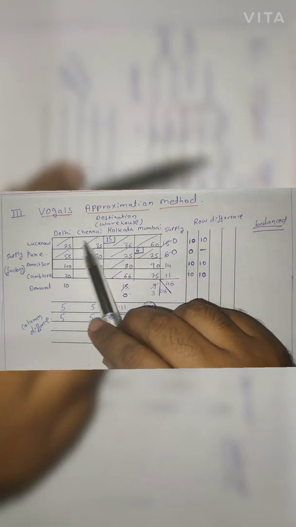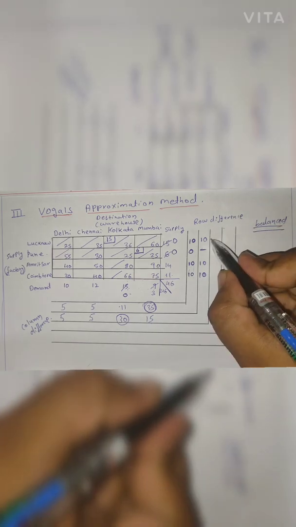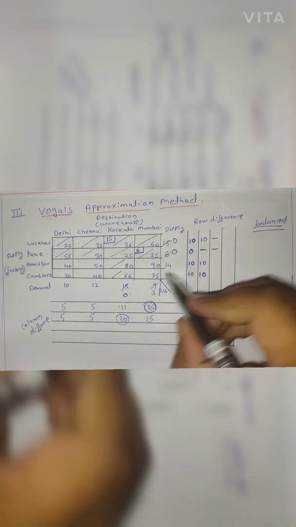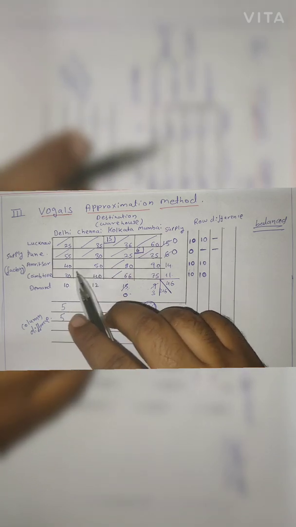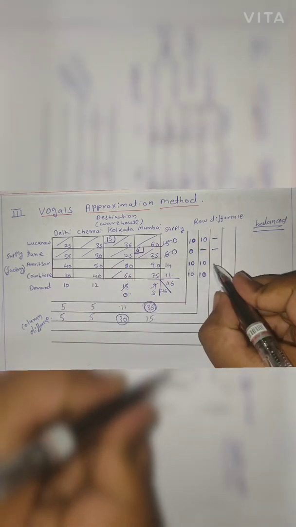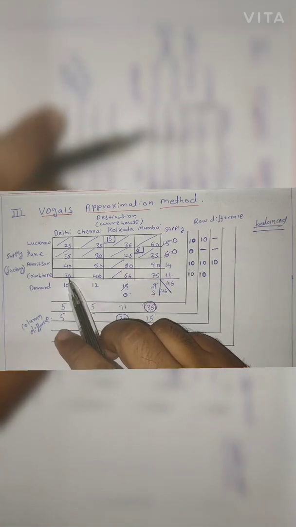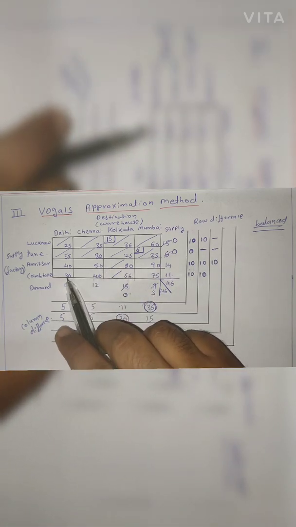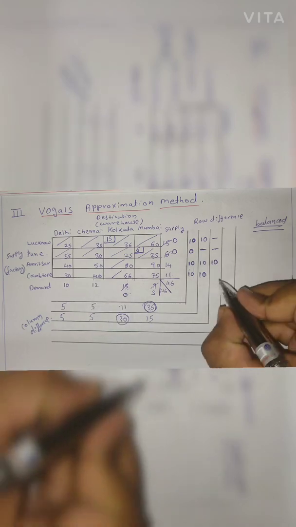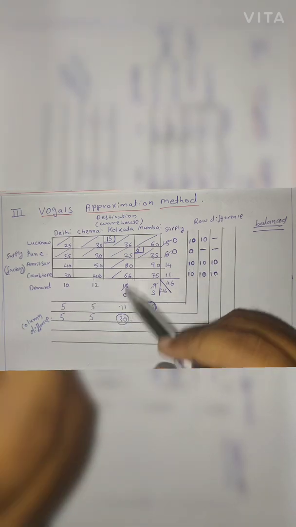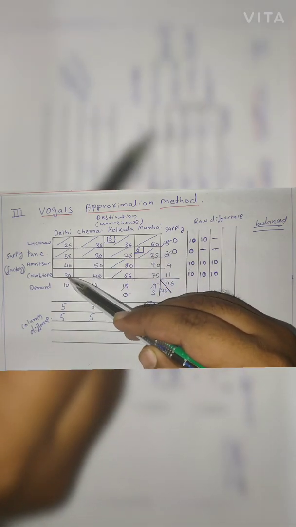Now over here, this whole row is eliminated, so we'll put a dash. Second row is also eliminated, we'll put a dash. In the third case, lowest is 40, second lowest is 50. Again 10 comes over here. In the last case, lowest is 30, second lowest is 40, so the difference is 10. Here in this column, now only two values are left.